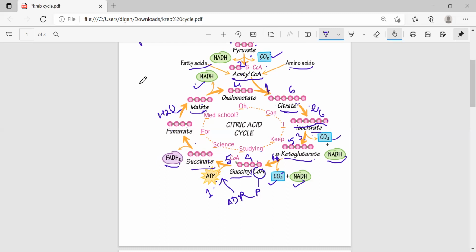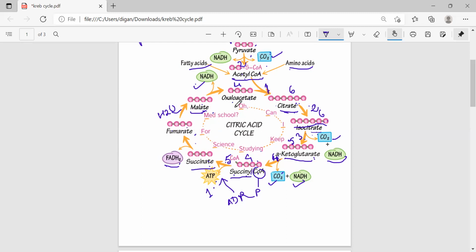To remember this cycle, you have to remember these 8 key products first. First one is oxaloacetic acid, second is citrate, third is isocitrate, fourth is alpha ketoglutarate, then succinyl coenzyme A, then succinate, then fumarate, and then malate. Or this is the trick: one sentence is given as a trick.